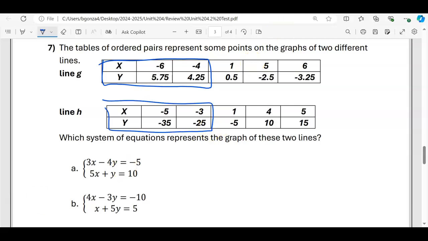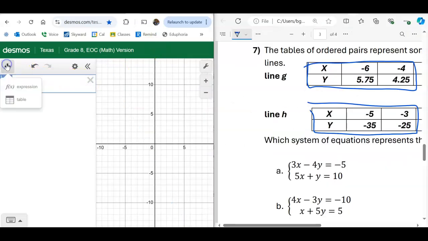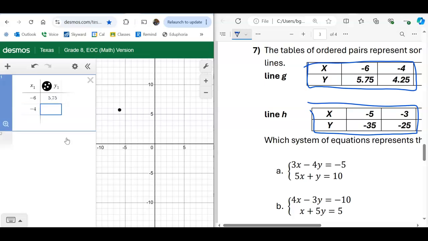So let's drag this over, start typing this in. Remember, you go to plus sign, table, and we're going to put in the first point, and then the second point. Remember, the first row is going to be the first column. The second row is going to be the second column.